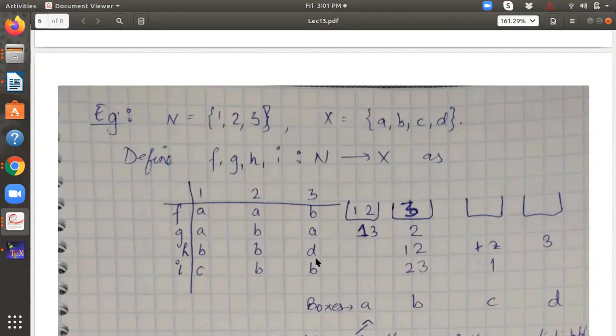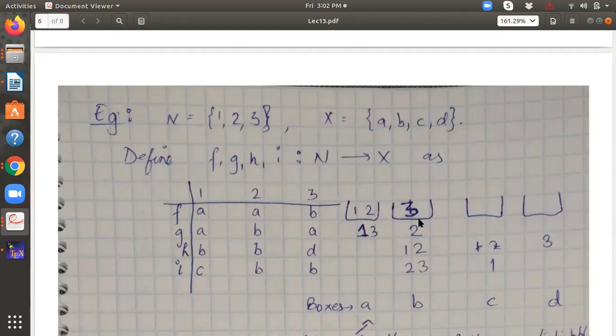Is that right? Yes. Great. Now in the same picture, you see this particular box corresponding to A has 2 balls here, and corresponding to B it has 1 ball here. Similarly, the function G has 2 balls in the box A and 1 ball in the box B.